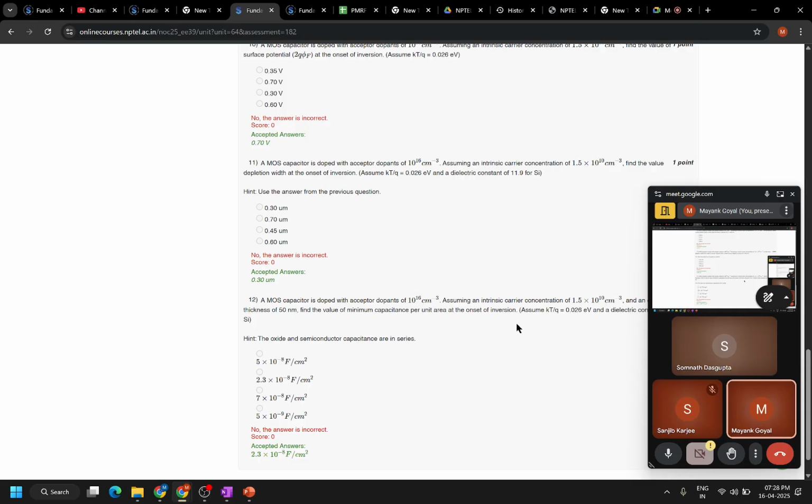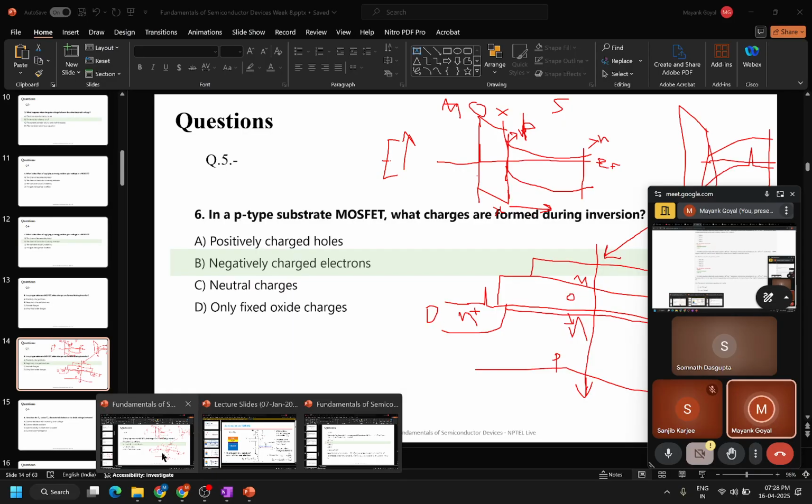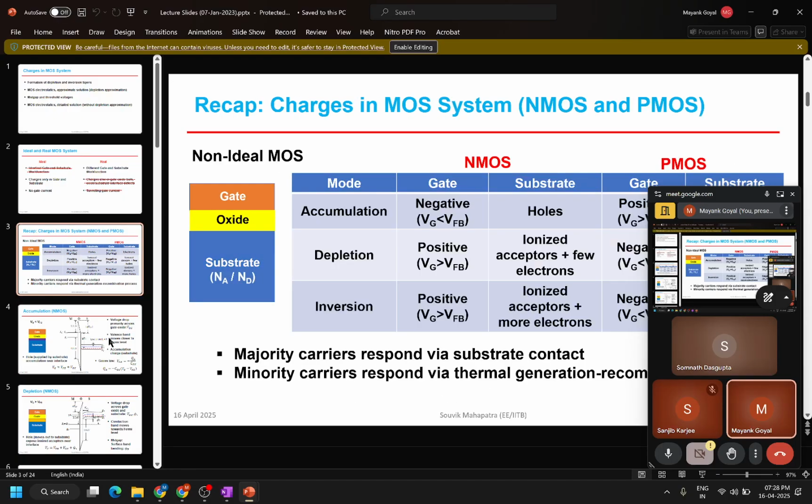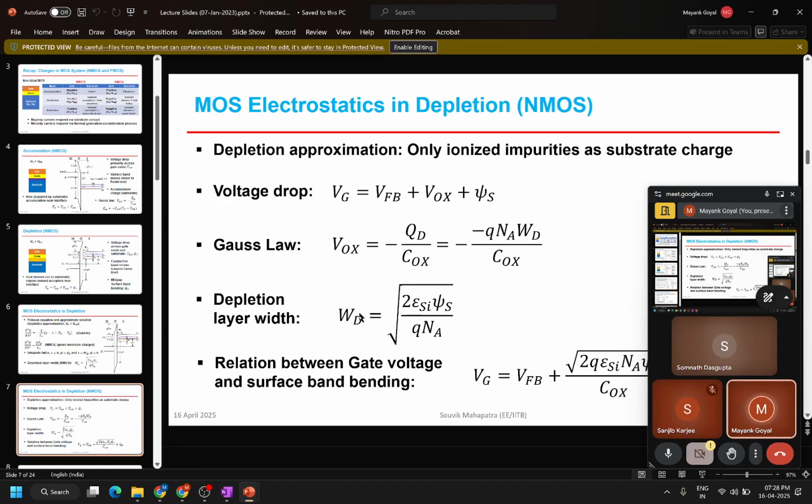The formula for depletion width is given by this equation: under root of 2 epsilon psi s by q Na.